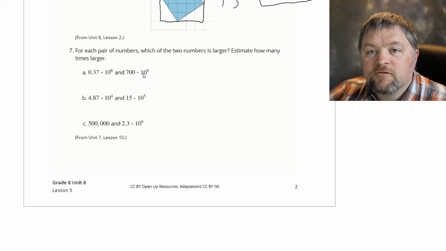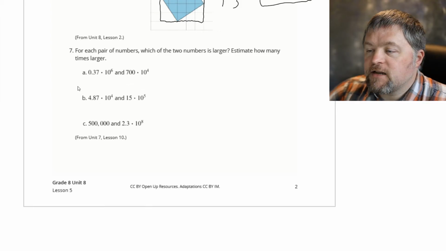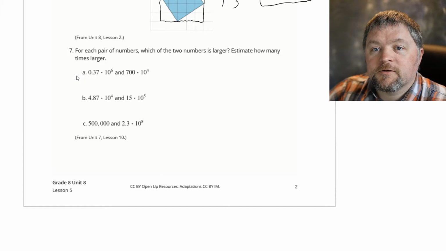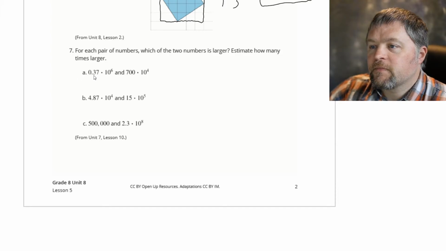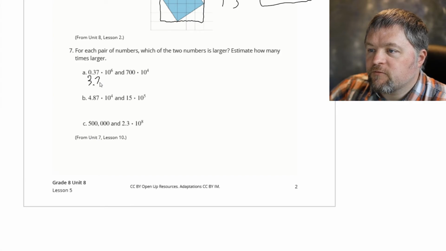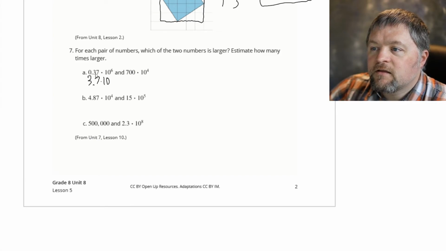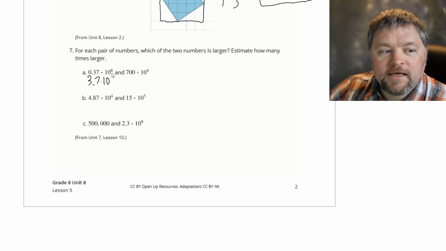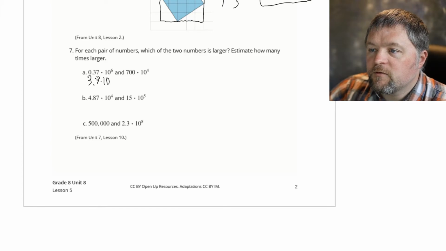Neither of those are in proper scientific notation, so let's quickly put them in proper scientific notation. 0.37, 1 digit in front of the decimal point, would be 3.7 times 10 to the... That was a number less than 1, so we want to make this smaller. We moved it 1 spot. 1 smaller than 6 is 5.